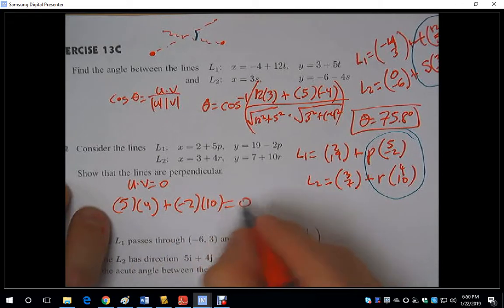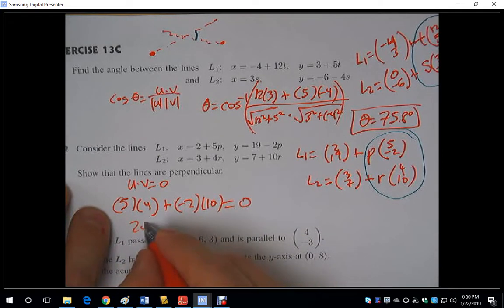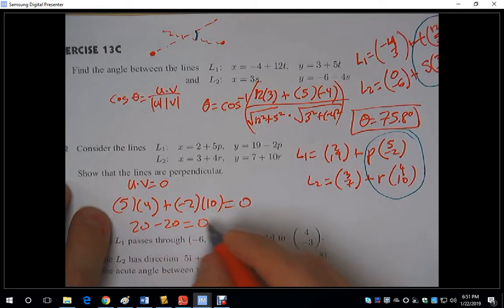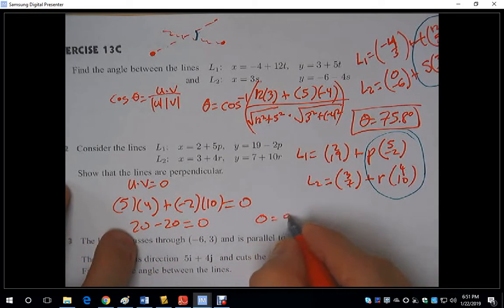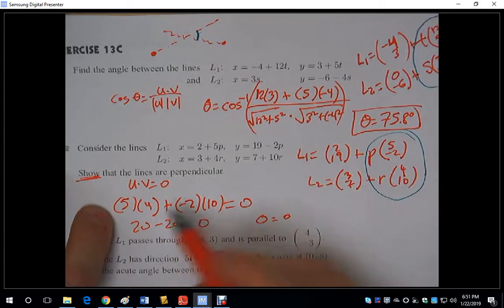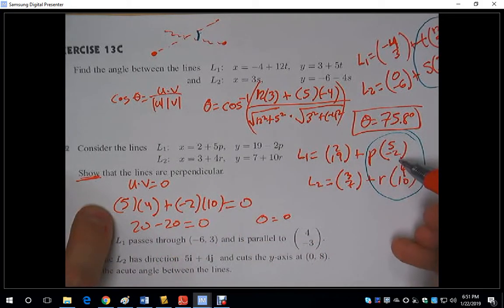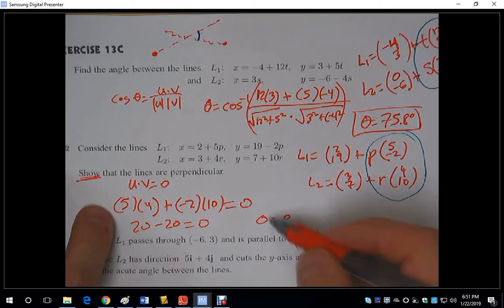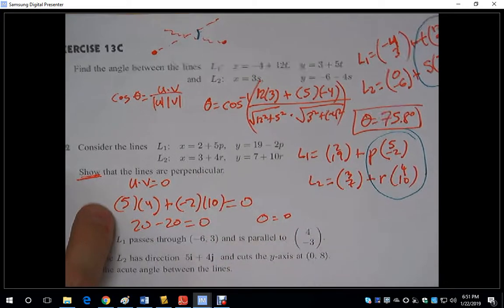Does that equal 0? Well, 5 times 4 is 20, and negative 2 times 10 gives me negative 20. That gives me 0 equals 0. So I just showed that the angle between these two direction vectors is 90 degrees.